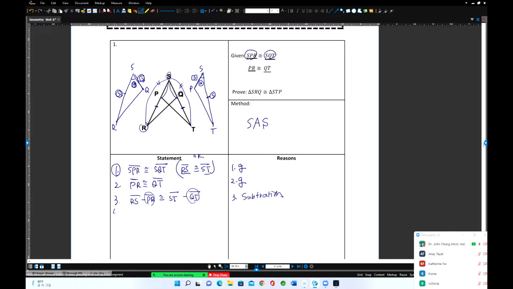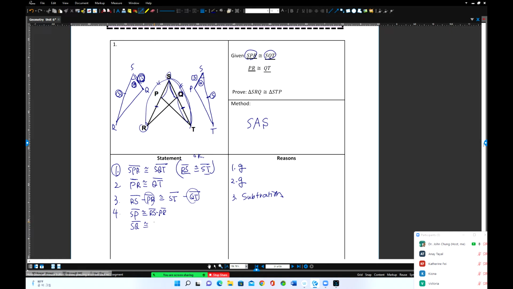Now use the partition rule. RS minus PR is what? SP, right? This one. So I'm going to write SP congruent RS minus PR. And also ST minus QT equals what? SQ, this one, right? So that's going to be SQ.